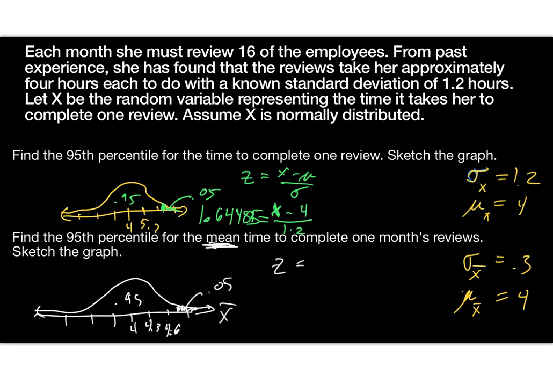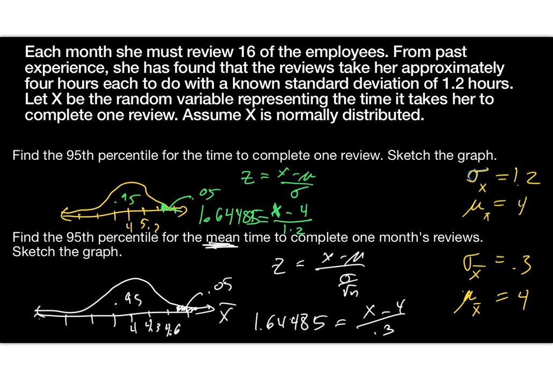Z equals x minus mu over sigma over root n. 95th percentile, still with a z-score. We already figured out the z value for it, so that'll be the same. X minus 4, but now it's going to be over 0.3 instead of over 1.2. And then you hopefully can algebra that thing and find the x value.